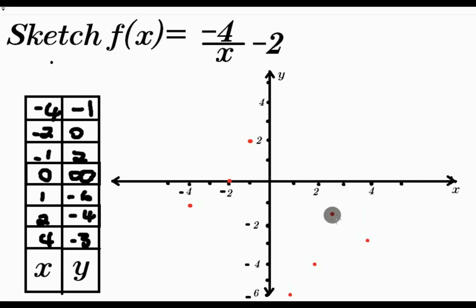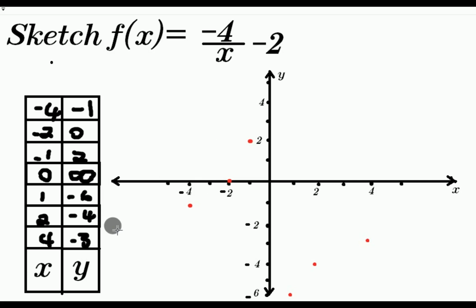Quickly you'll be able to notice from the function that our horizontal asymptote is minus 2. We are going to use a different color, yellow, to symbolize our horizontal asymptote.